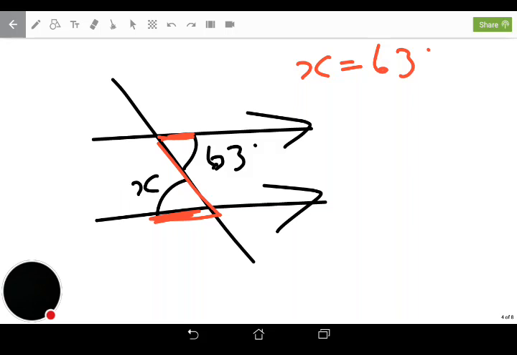If you were told to explain your reasoning in the exam, you would need to state that angle X is 63 degrees because they are alternate angles.